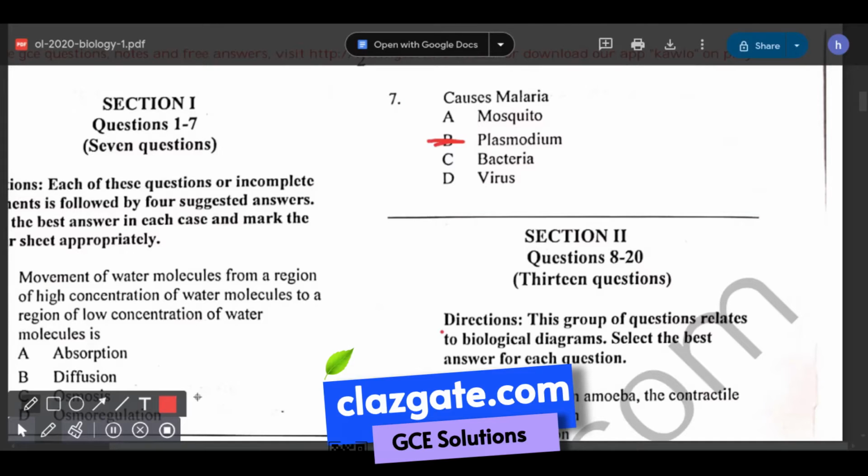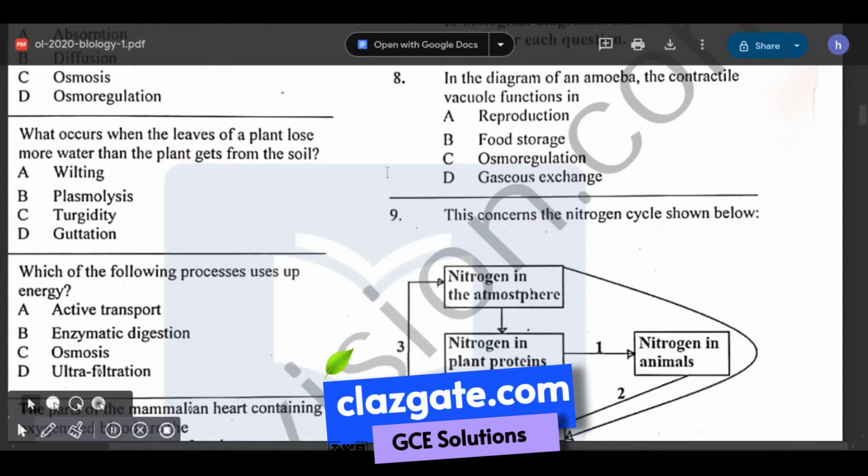Question number 8. In the diagram of an amoeba, the contractile vacuole functions in reproduction, food storage, osmoregulation, or gaseous exchange. The answer is osmoregulation.